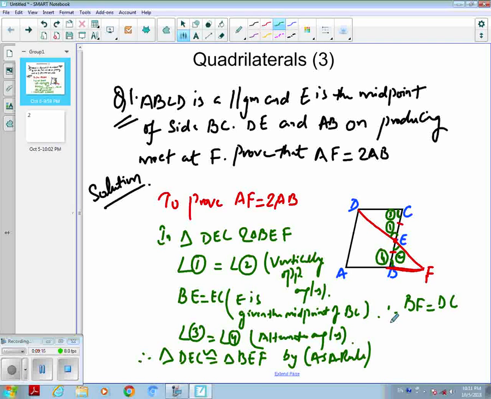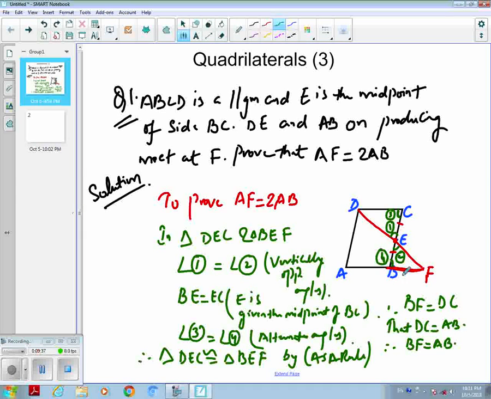And we also know that DC is equal to AB, therefore BF is equal to AB.